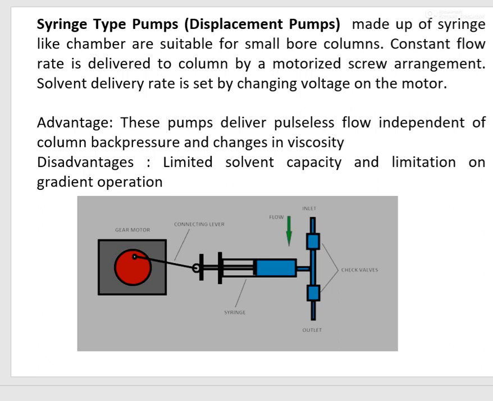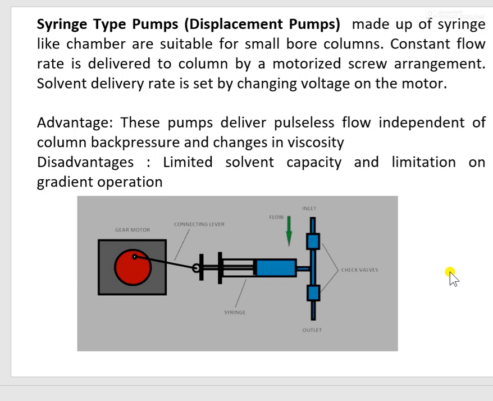They are made up of a syringe like chamber. This is the chamber suitable for small bore columns. Now what do you mean by small bore columns? Columns with less internal diameter.